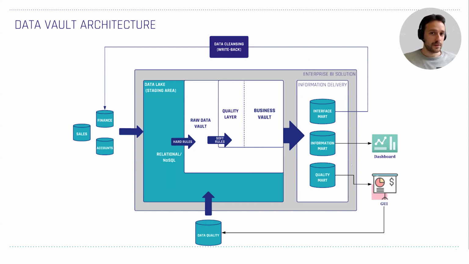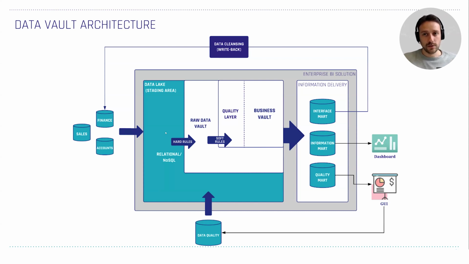But there are still quality techniques that can or should be performed in other layers of the architecture. So, for example, you could test the data extraction process in the staging area. So are, for example, checksums over the source and the target the same?